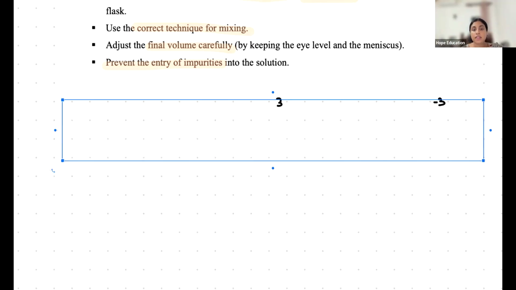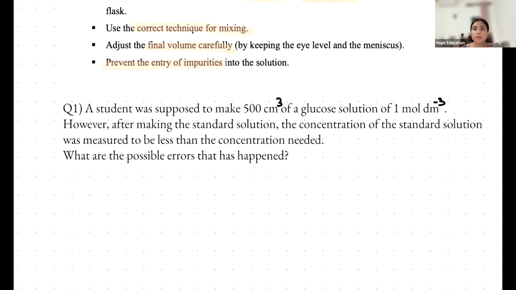Say it needs 1 mole per cubic decimeter, but the concentration is, let's say, 0.8. So that is less than the concentration that is required. What could have been the possible errors? I'll give you 2 minutes to work this out.